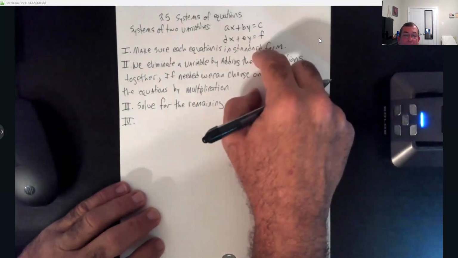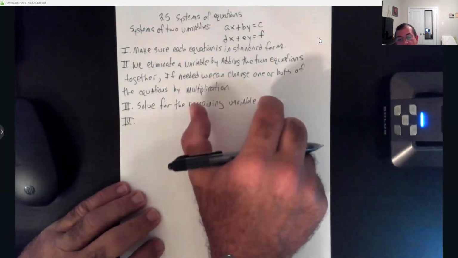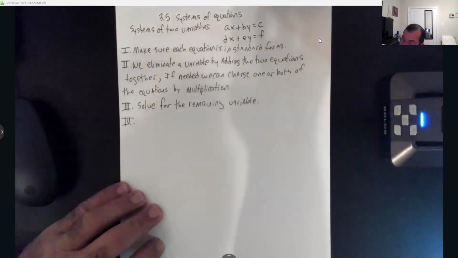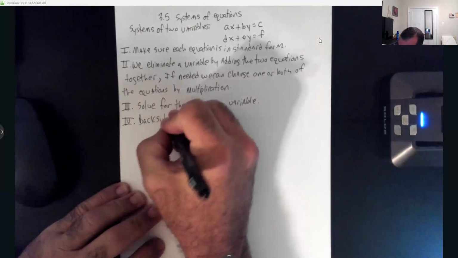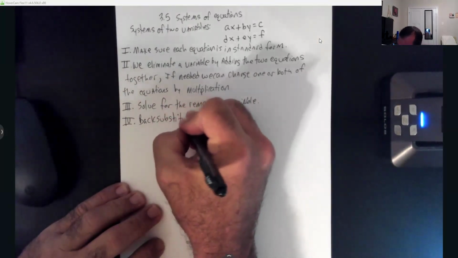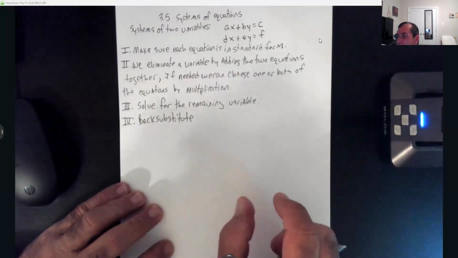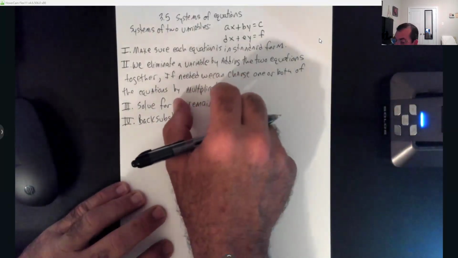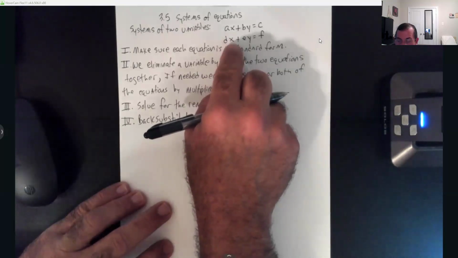Once I know what this variable is, I can then back substitute. Back substituting is where I take that answer and plug it into one of my original two equations and solve for the remaining variable.